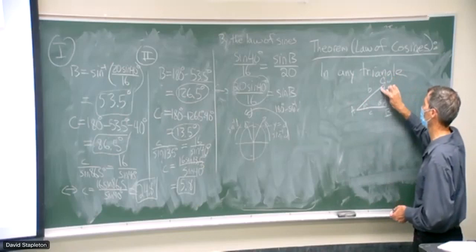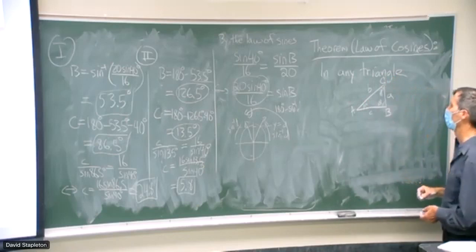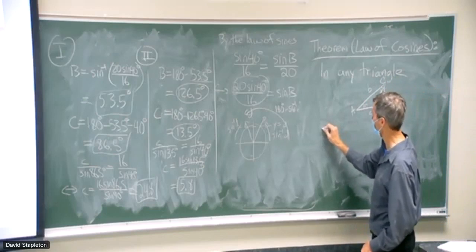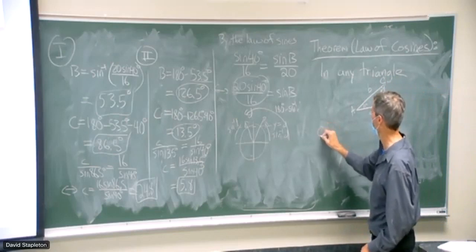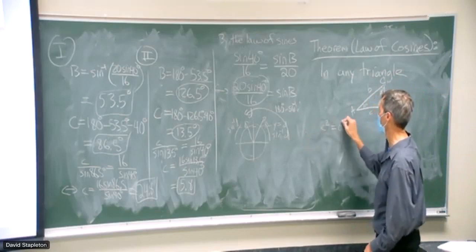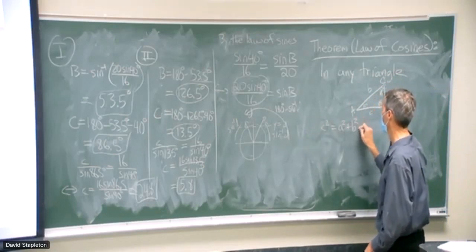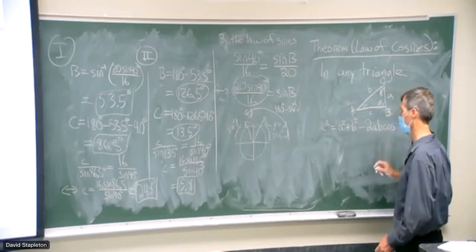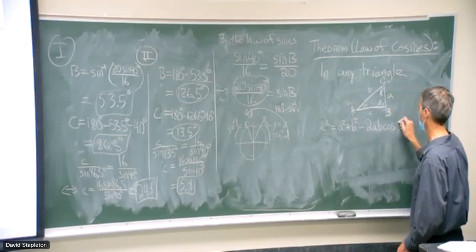It's in more books that way. We have this, that C squared equals A squared plus B squared minus 2AB cosine C.